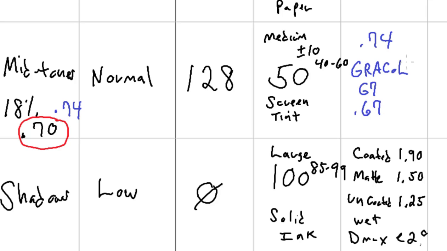But if you add in the paper 0.05, you get 0.72, which is close to 0.74. So that's absolute plus the paper. This is relative minus the paper.